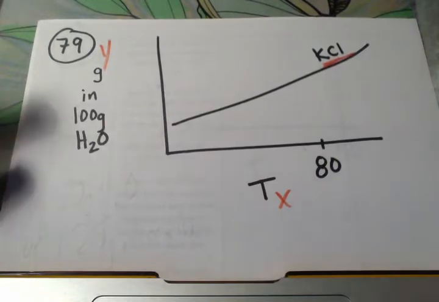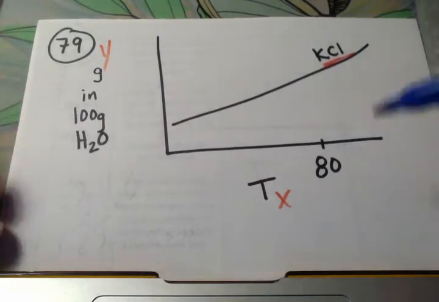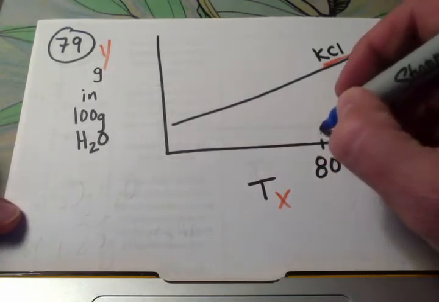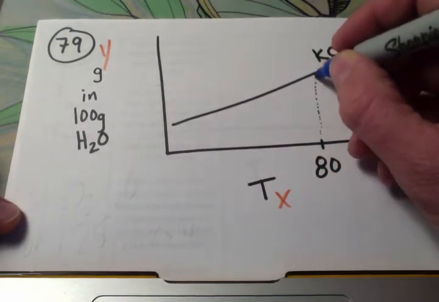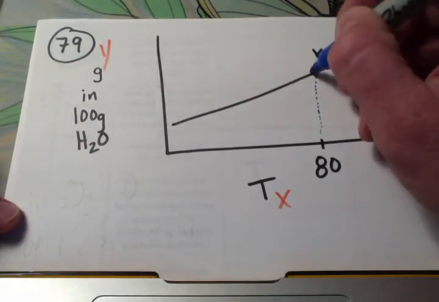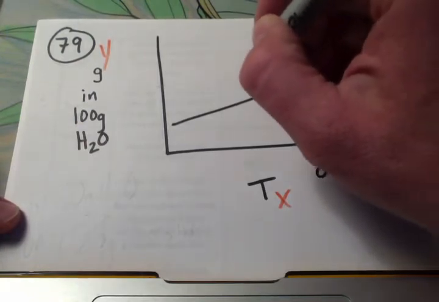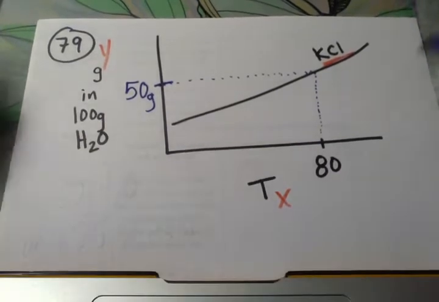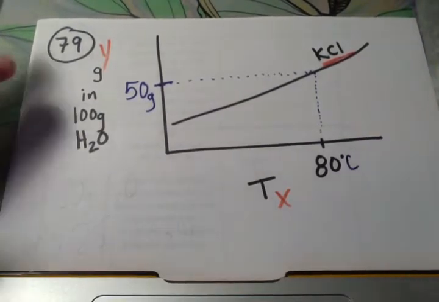So I think the question was, how much of the potassium chloride can fit in water at like 80 degrees Celsius? So if you come up here, I get to 80, I hit the line there, I'm going to come over. That ends up telling me that I can put 50 grams of potassium chloride in water at 80. Now, how much water? 100 grams of water.